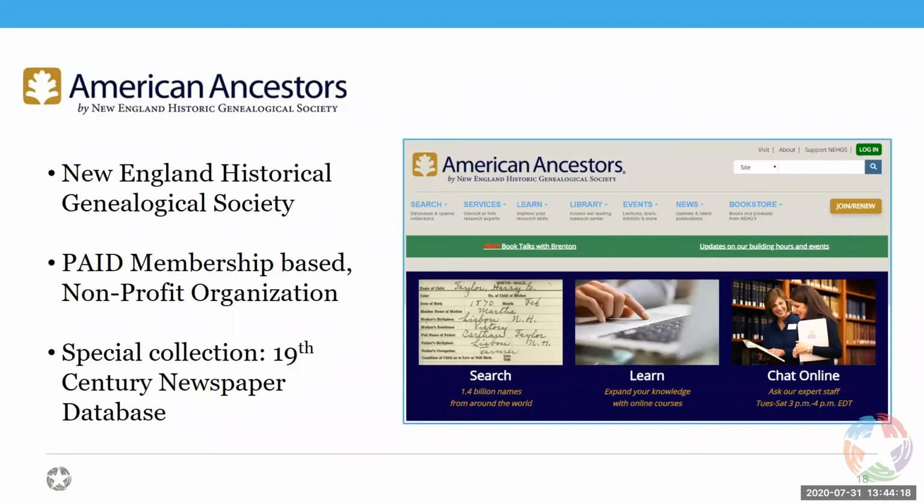They also maintain special collections, including newspaper collections, so a 19th century newspaper database, along with family histories and photographs, of course. And they offer loads of webinars and subject guides. Not that I'm sounding like an advertisement for any of these. I'm just trying to identify resources that might be of interest.